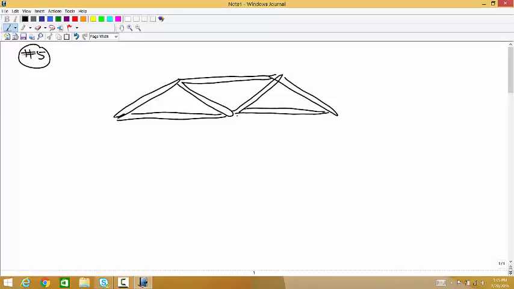Okay, all of these are connected by pins. You have a pin connecting into the ground over here and a roller over here. Then a horizontal force of 400 and a vertical force here of 620.